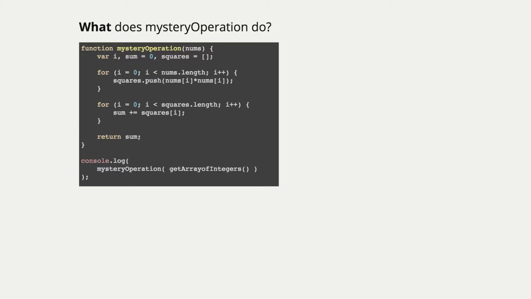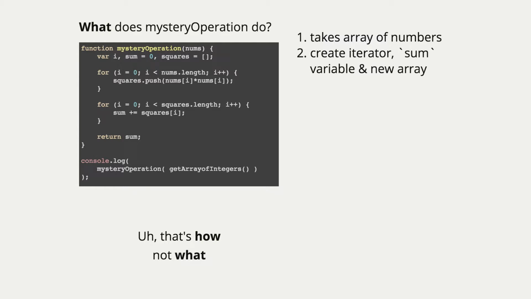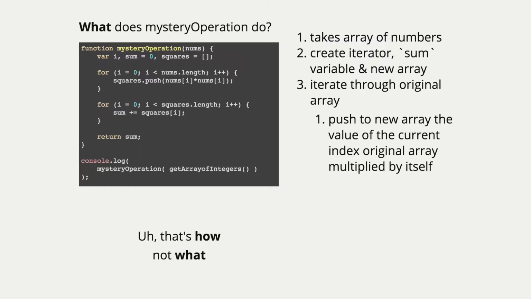For instance, we're going to look at this mystery operation and determine what it does. What does this do? If we analyze the code, that's the how. It takes an array of numbers. It creates an iterator, a sum variable, and a new array. We iterate through the original array.